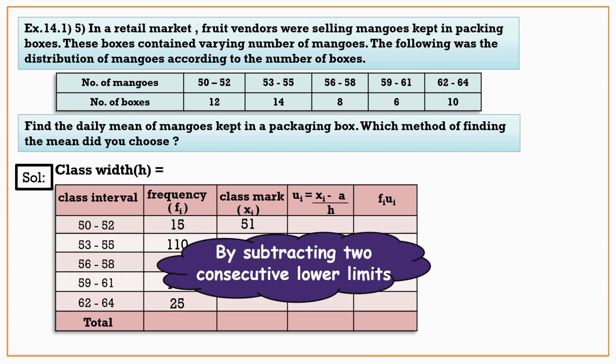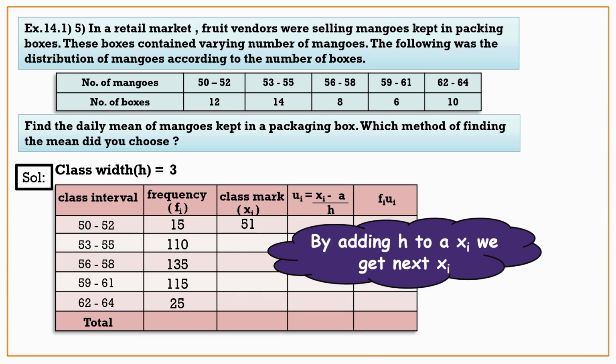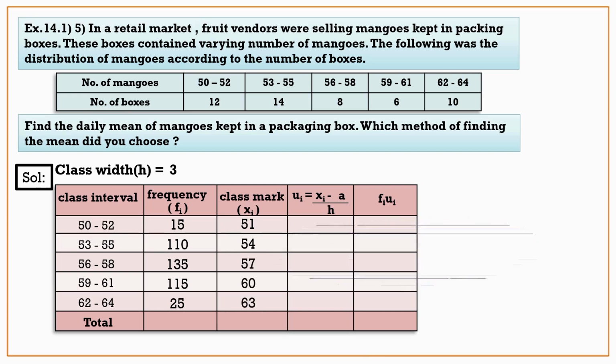Now class width we need to get: the subsequent lower limit minus the lower limit. Sorry, my mistake, it is the subsequent lower limit. We have to subtract and then add it to the xi value. So in this way we will get the class mark.